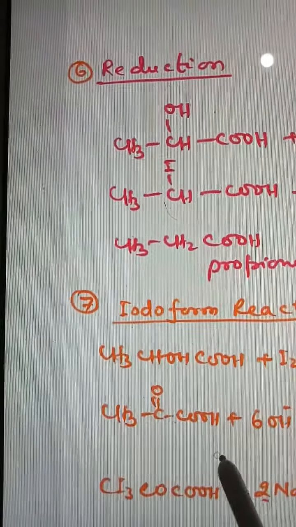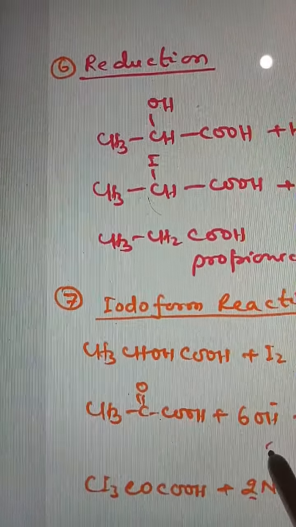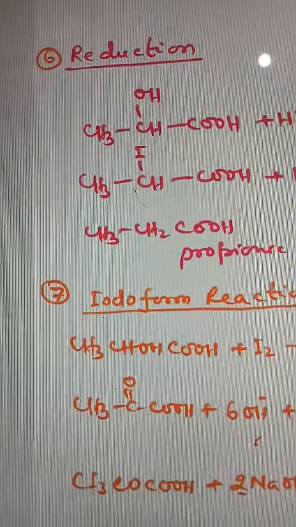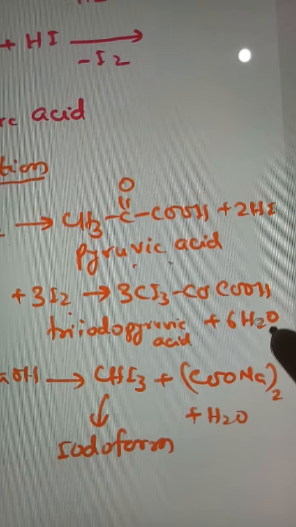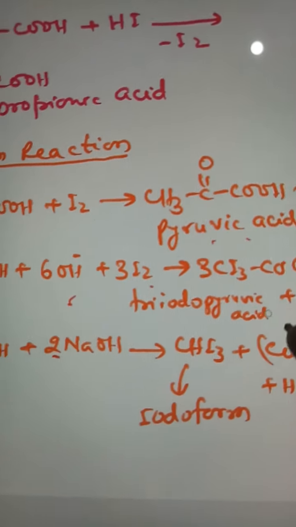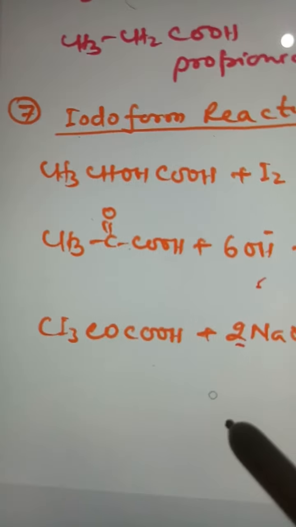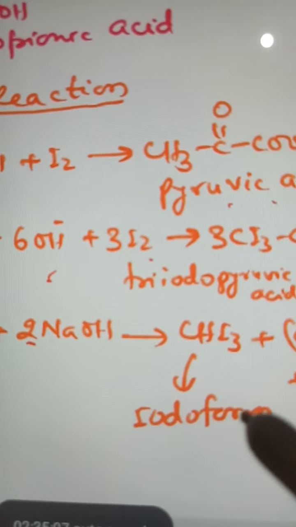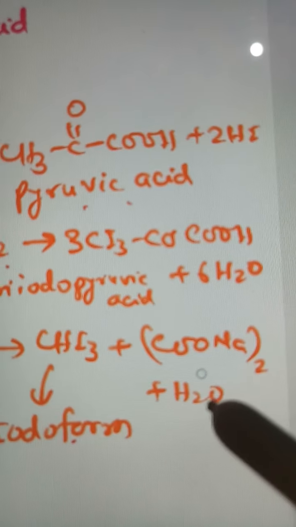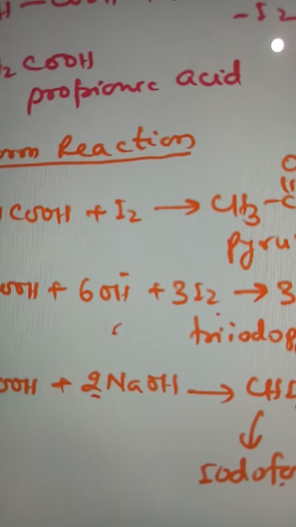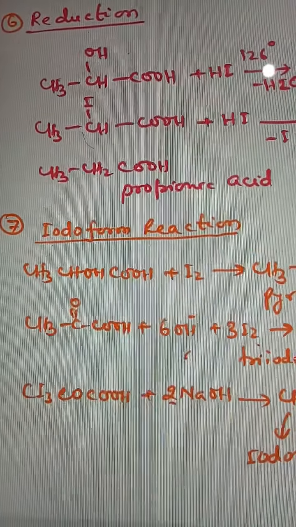Then pyruvic acid again reacts in basic medium with I2 to form triiodopyruvic acid. Further, triiodopyruvic acid reacts with sodium hydroxide and iodoform is formed. So this is all about lactic acid.